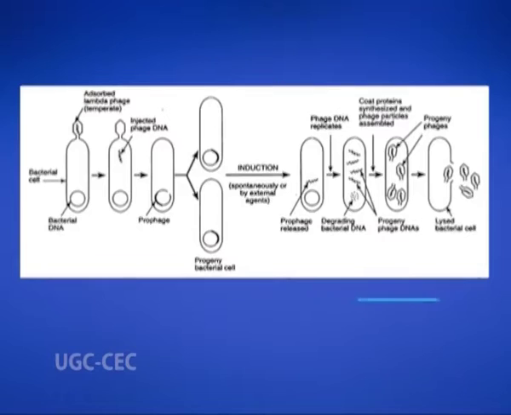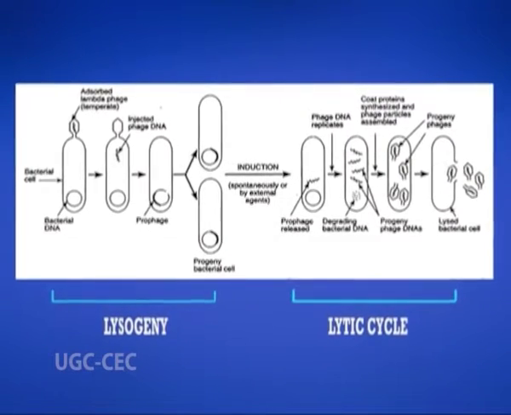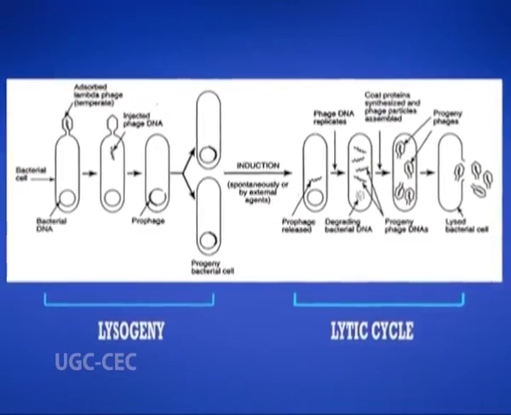Now we'll come to the lytic cycle versus the lysogeny cycle. The lytic and lysogeny cycles are two different methods of viral replication. Under certain conditions, they are interchangeable, or the replication can involve both methods in separate phases. In both replication methods, the virus has to infect the cell.